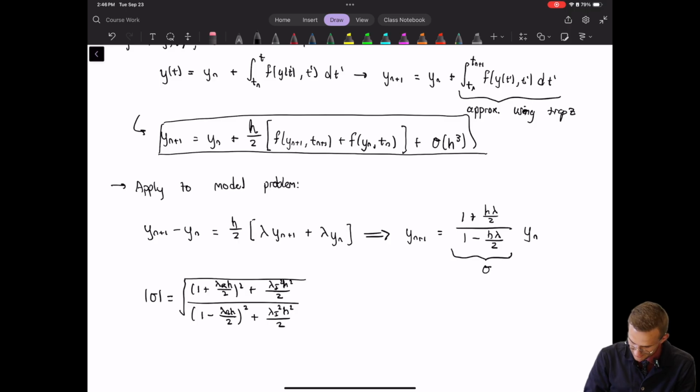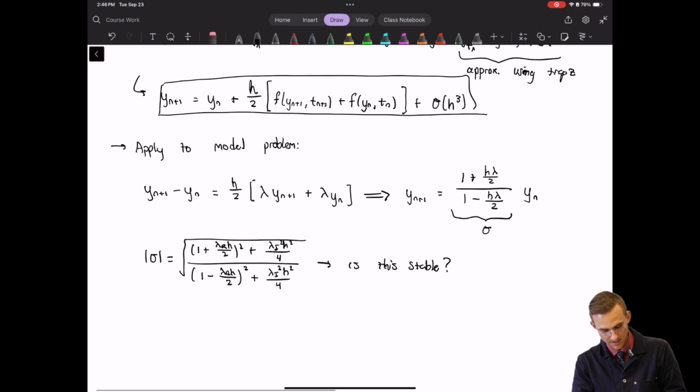Oh, over 4 rather. These two should both be over 4 because 2 squared is 4. And then the question is, is this stable? And it's actually unconditionally stable.